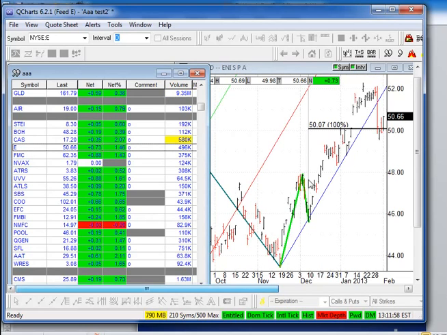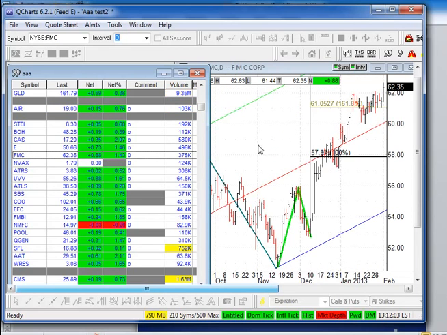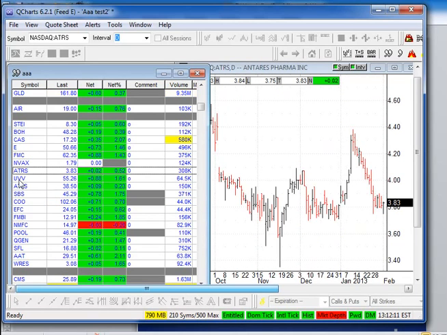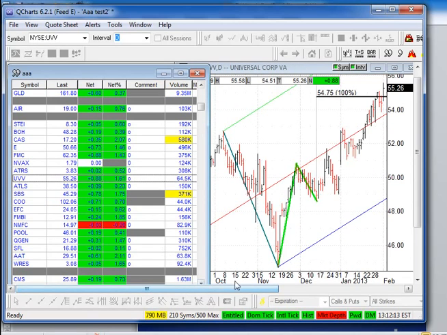Did not make it to the median line, but made it past the 100% point. FMC made it past the median line and past the 162% point. UUV made it past the 100% point and past the median line.